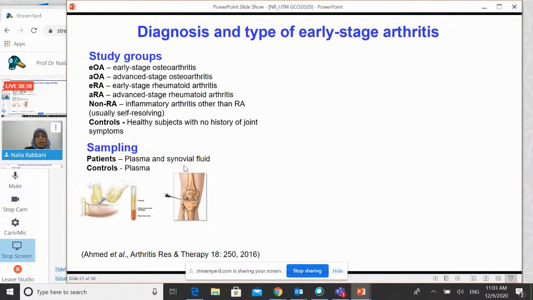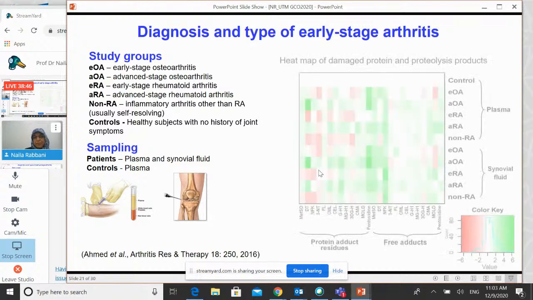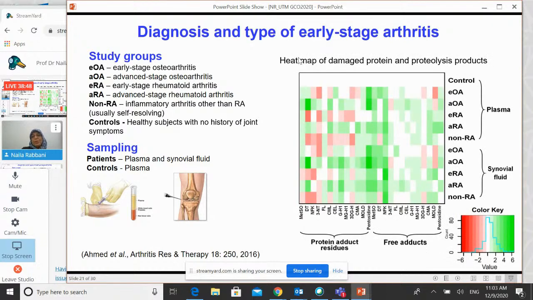We collected plasma and synovial fluid from the patients, and from healthy control we used plasma. This is the heat map of damaged protein proteolysis products, free adducts, and protein residues in all of these categories in the plasma and in the synovial fluid.